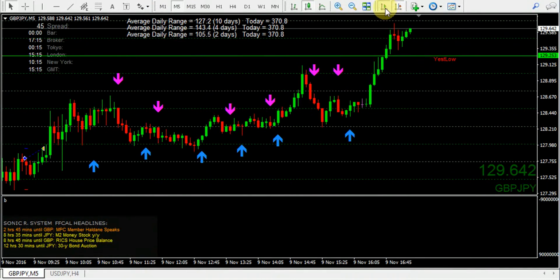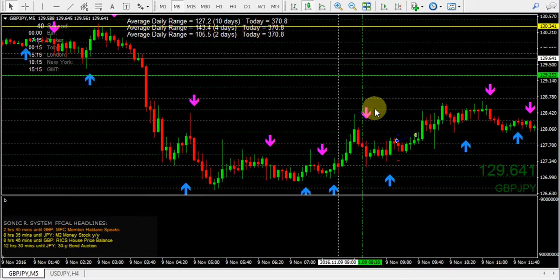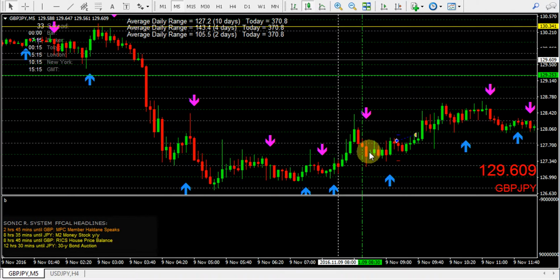We'll take the scroll off the charts, and you can see this was the point that we got the alert. Here's the 5-minute alert to the opposite direction. That doesn't always happen, but whatever happens, you want a pullback, and then you want, if possible, an alert to the long side, and that did happen.